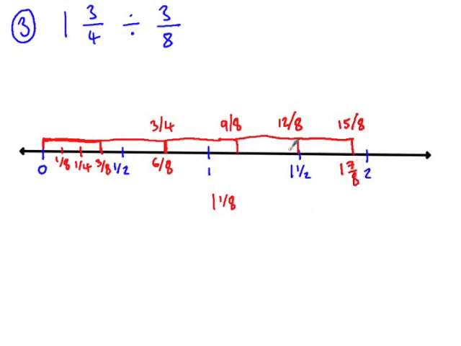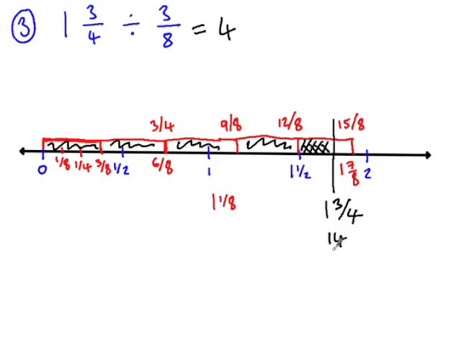So remember, the question was asking for 1 3/4 divided by 3/8. 1 3/4 is here. So how many lots of 3/8 have I got? 1, 2, 3, 4, and I haven't got a full 3/8 left. I've got this bit here, which is only 2/8. Between 1 1/2 and 1 3/4, 1 3/4 is 14/8. 1 1/2 is 12/8.